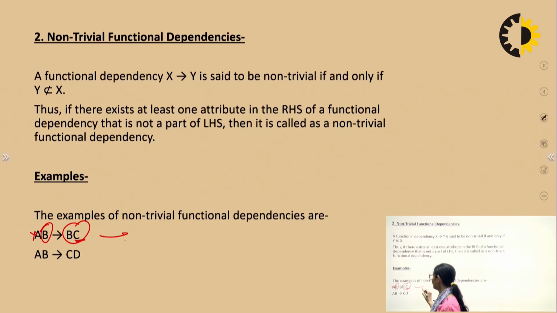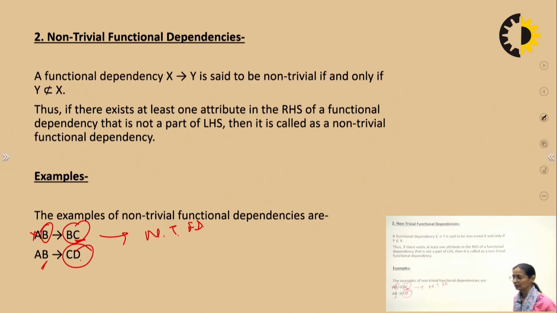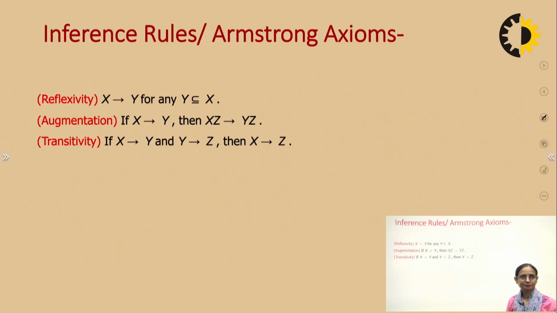So in this case, it is a non-trivial functional dependency. Again here, CD, none of the attributes in the right hand side is part of the left hand side. So again, it is a best example for the non-trivial functional dependency.